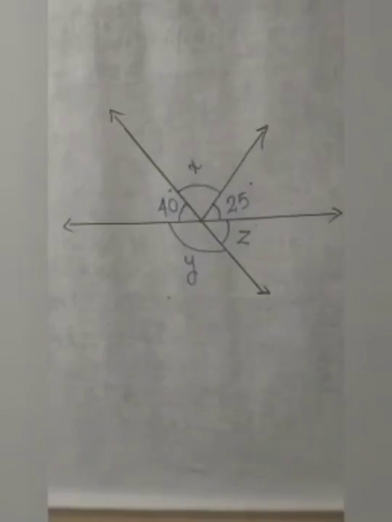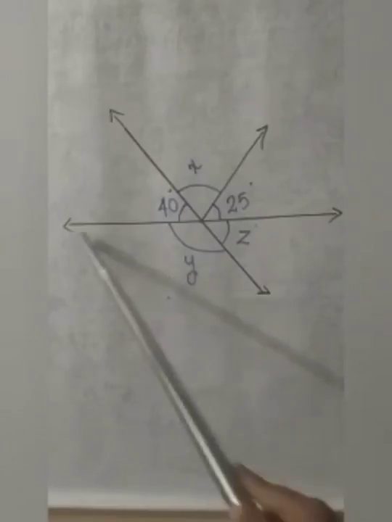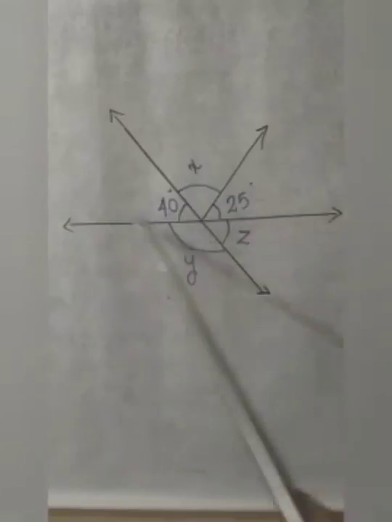Now what have we studied? What types of angles have we studied? Adjacent angles, linear pair, vertically opposite angles. These three concepts we can use here for solving this problem. So first let me use the concept of linear pair. So identify which pairs are linear here. First let me consider this straight line.